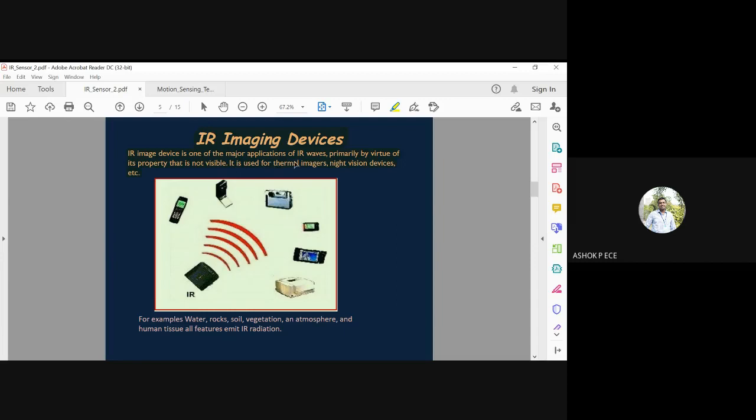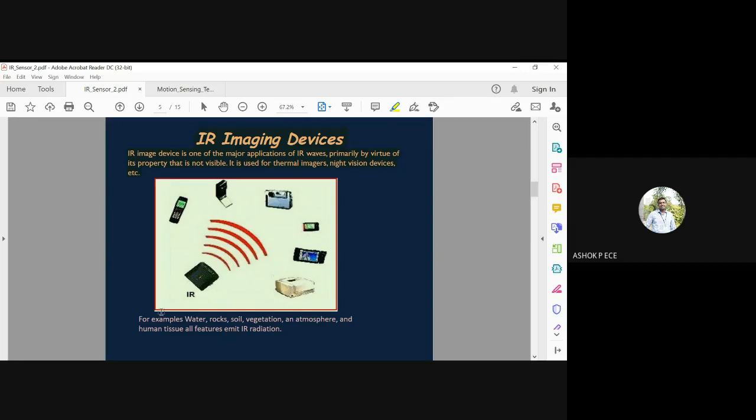It is used in thermal images and night vision devices. When you want to capture scenes at night, you go for infrared cameras because they work well at night, while visible light cameras will not work at night because there is no light.